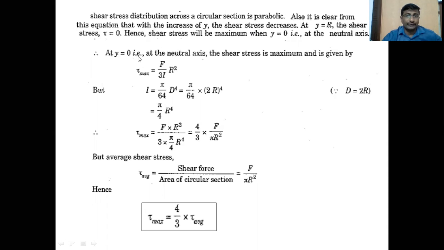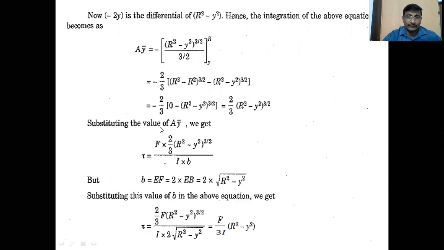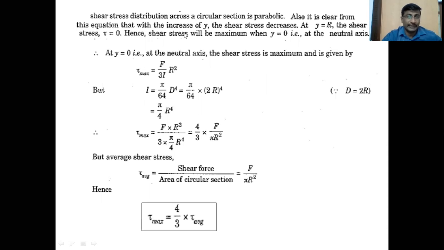At y equal to 0, that is at the neutral axis, the shear stress is maximum and is given by F by 3I into r². So F by 3I into r² becomes the maximum shear stress, tau max, when y is 0.